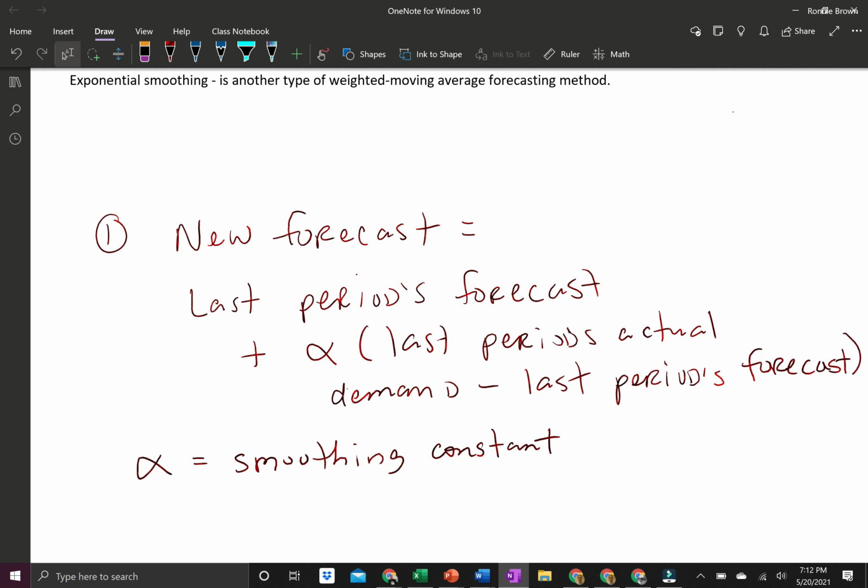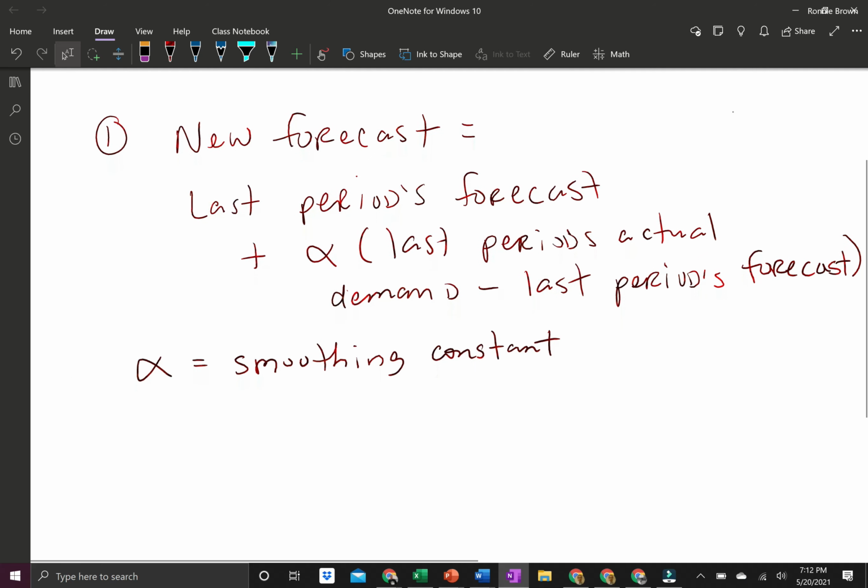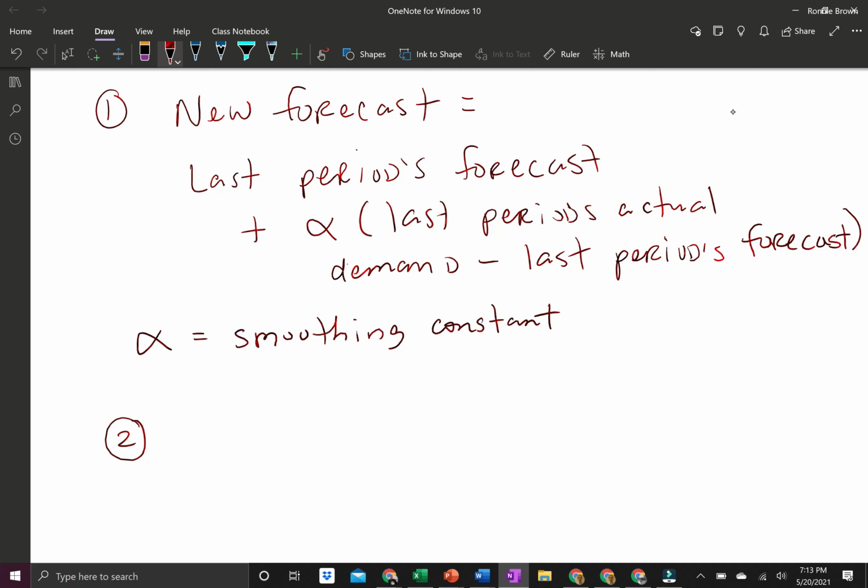And it has a value greater than or equal to 0 and less than or equal to 1, right? So equation 1 that I just wrote out in words, we can write this more so mathematically as such.